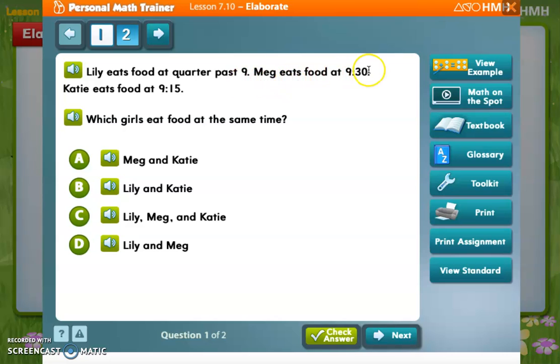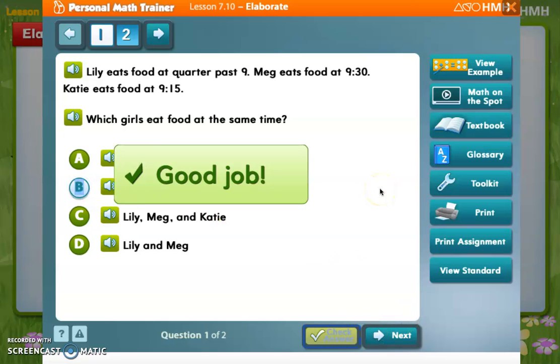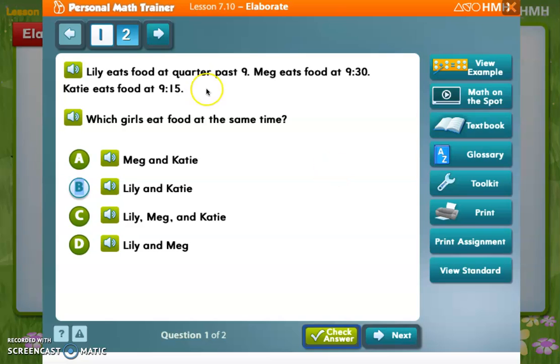Meg is eating food at 9:30, and Katie eats food at 9:15. So the two people that eat food at the same time are going to be Lily and Katie. So we're going to click on Lily and Katie. Okay, and it's not letting me. There we go. And we're going to check our answer. Good job! All right, nice.